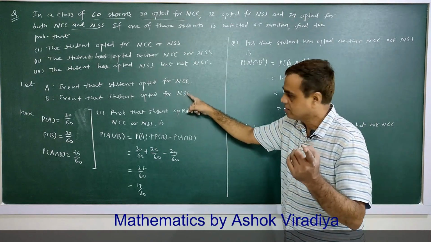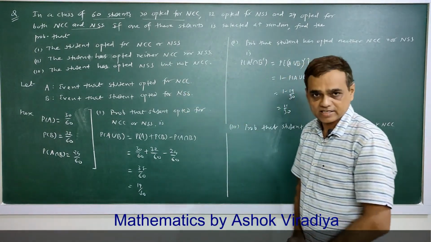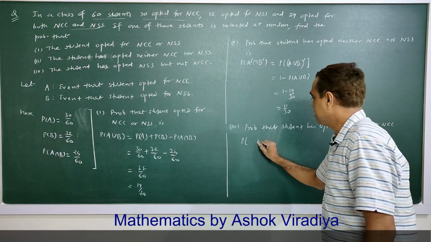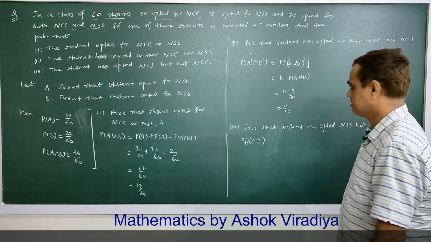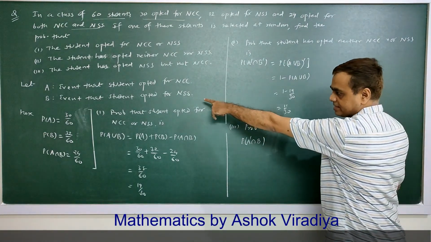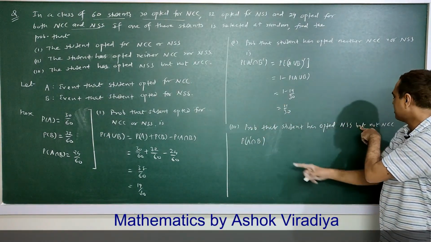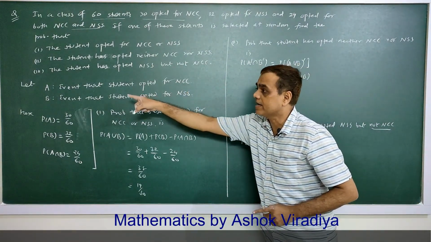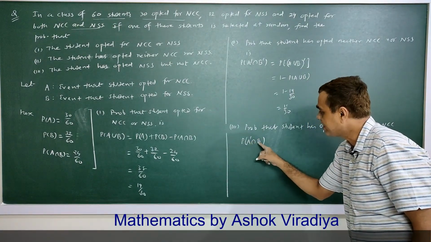NSS yes, NCC no. So B but not A. B is for NSS, and opted NSS but not NCC means not A, so keep a dash over A. So it is not A and B.